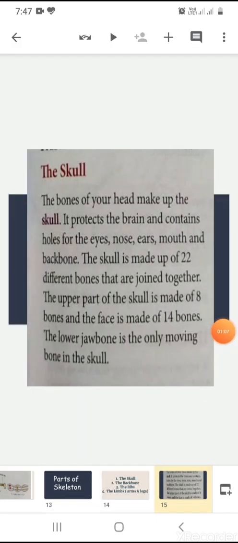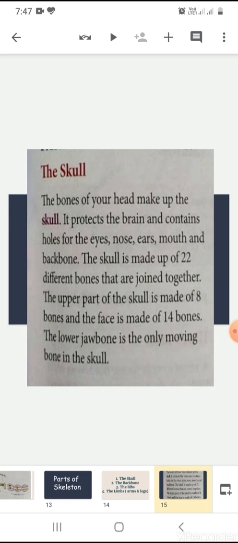The skull. The bones of your head make up the skull.